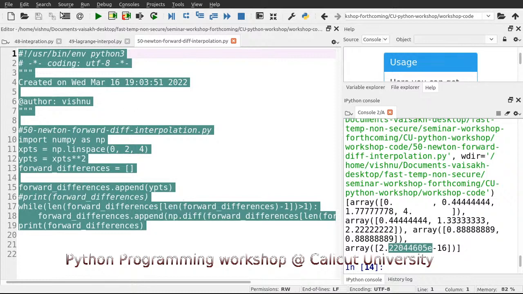No, there is no spacing issue, it's perfect. Now, what is the next thing that we require? That we require is the formula for finding the forward difference. The formula is that we need to take a difference.